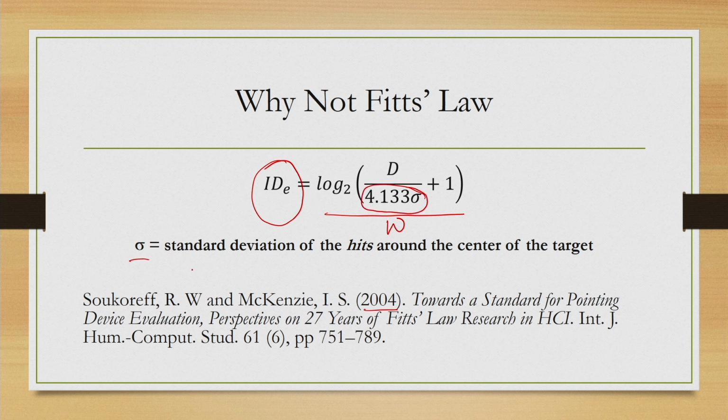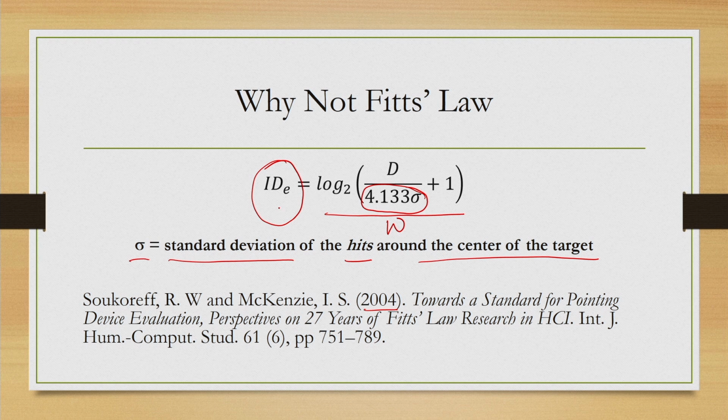Now, sigma is the standard deviation of the hits around the center of the target. So, if we plot the hits around the center of the targets, it represents a distribution of points. So, hit distribution, and sigma indicates the standard deviation of that particular hit distribution.